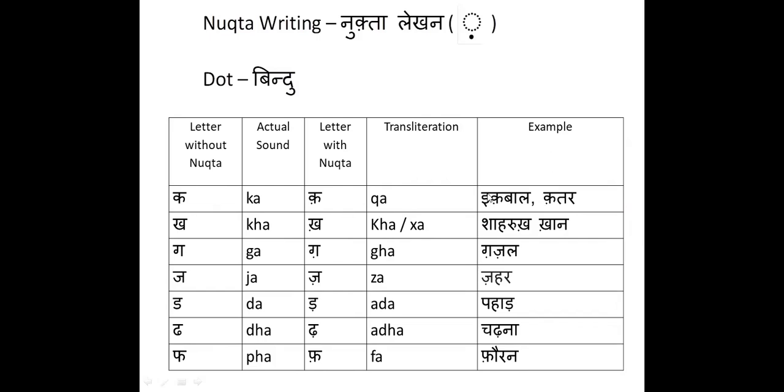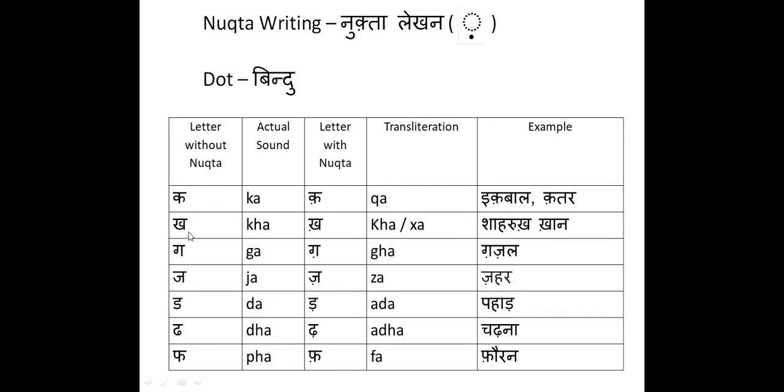I-Q-B-A-L. Now, instead of that Q, here you put the letter with Nukta. This is the letter without Nukta. This is the letter with Nukta. So the sound will vary.